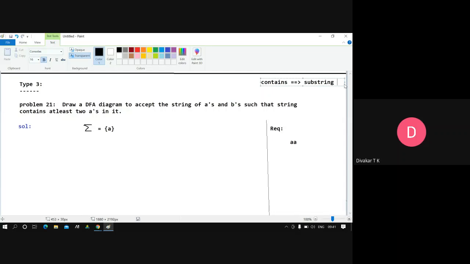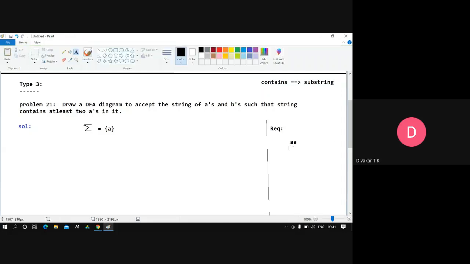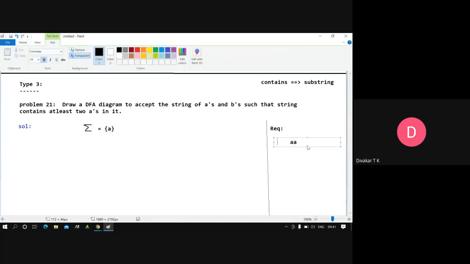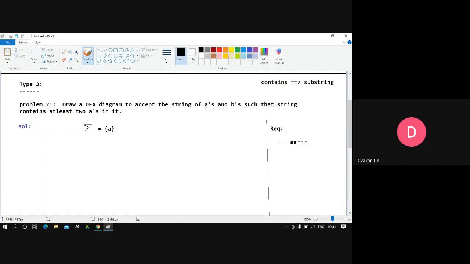Substring means part of the string here. So the start may be anything, and the ending may also be anything. That part you need to understand here.